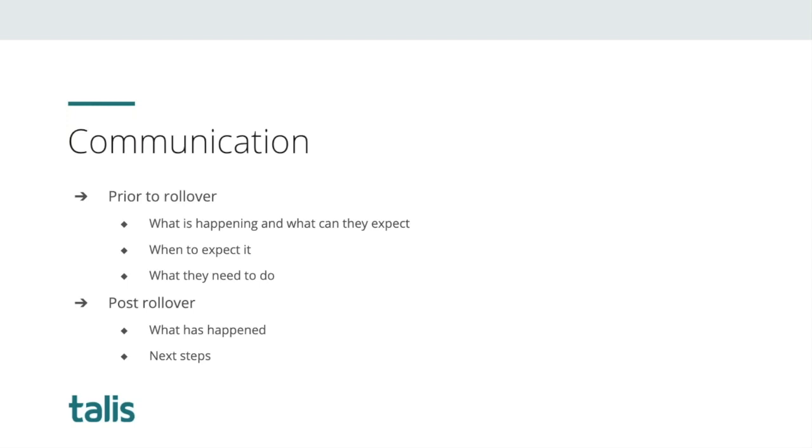So that's communication. And when you're thinking about communication, it is also about identifying what types of communication you're going to be doing. So whether that's email, or whether you're going to do some homepage messages, both on the library homepage or on a staff intranet homepage or on the reading list homepage itself, adding a message there, letting them know when rollover is and where they can find more information.